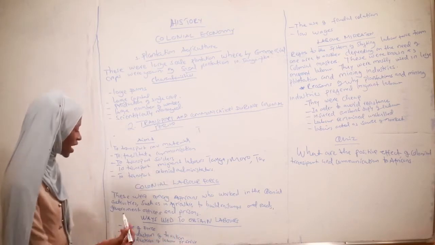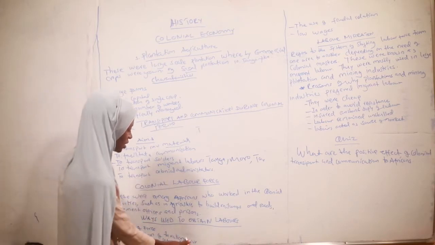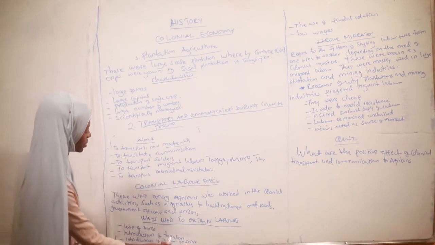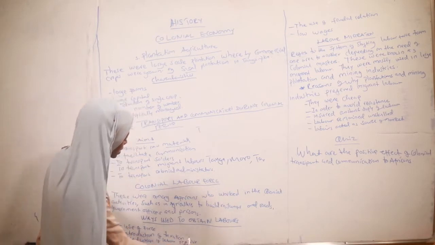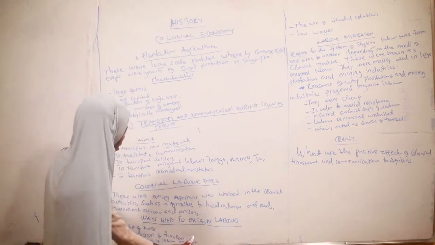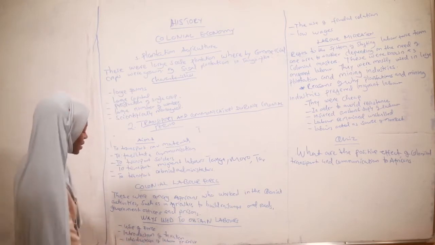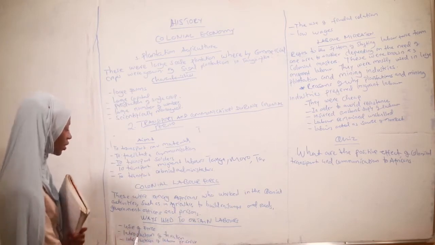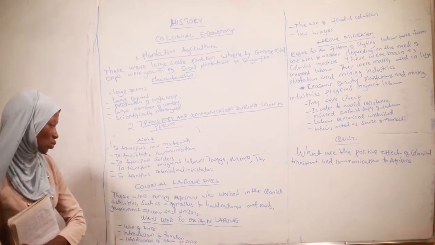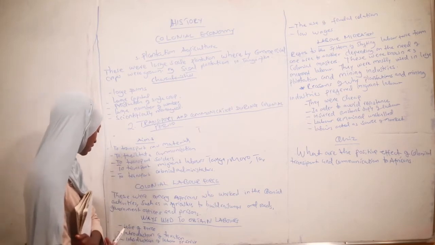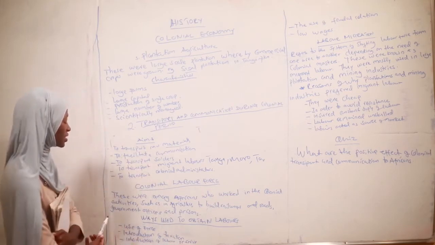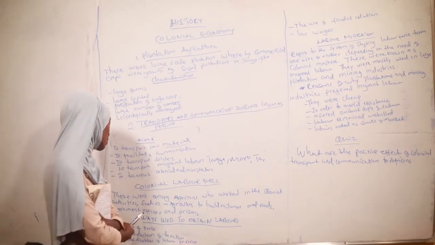So they had to be employed in the colonial sectors so they could get money in order to pay tax. That is how colonialists used it to obtain labor. And tax was necessary for everyone to pay.